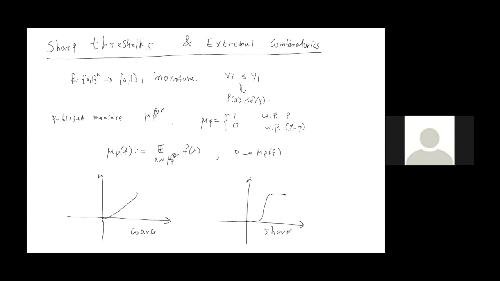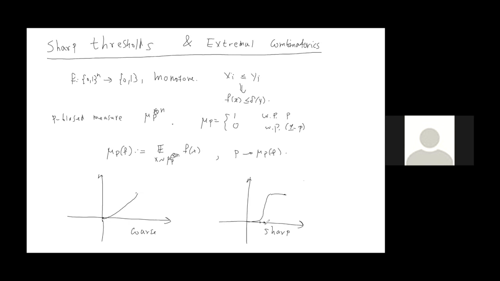What these words refer to is the interval in which the function goes from almost having average 0 to almost having average 1, whether it is very narrow or very wide. If it is very narrow, we say that the function has a sharp threshold, and if it's wide, we say it has a coarse threshold. And we want to understand when a function has a sharp threshold and when it has a coarse threshold.